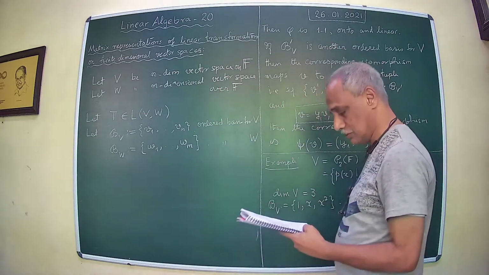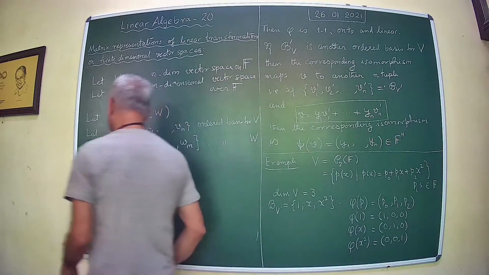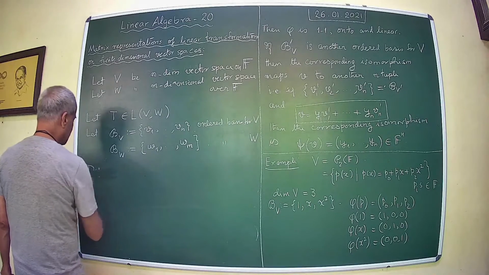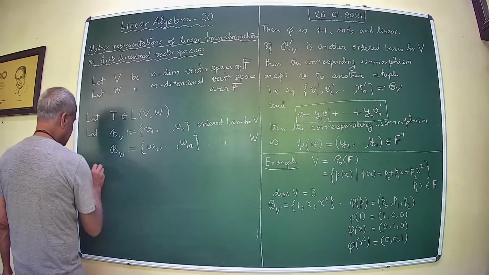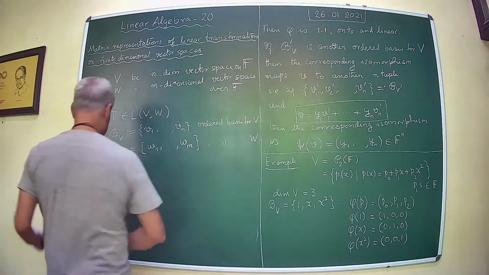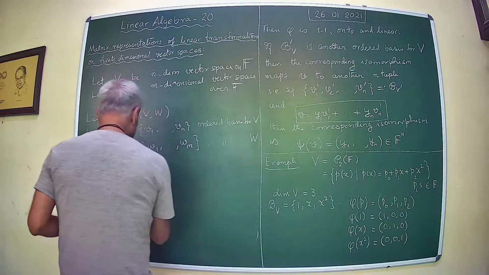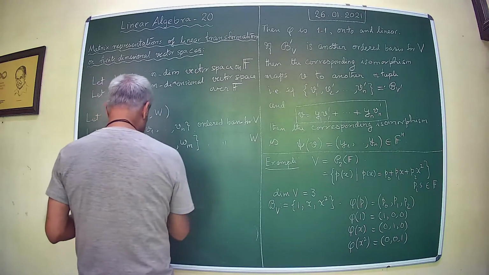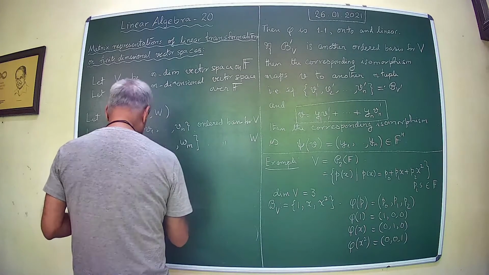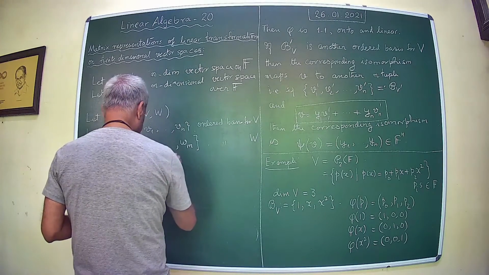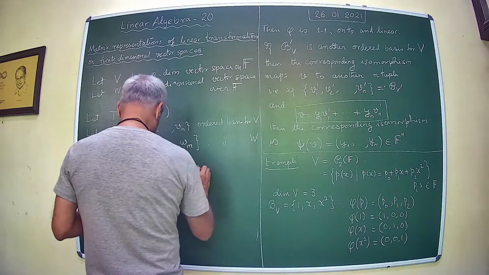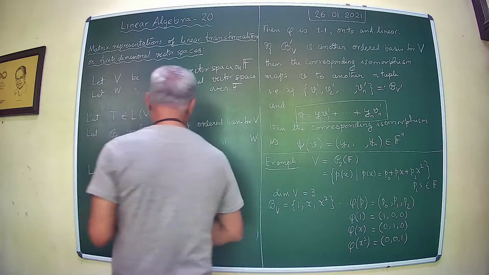So we prescribe the following: rather than defining, let T(v_j) be equal to the sum from i equal to 1 to m of a_ij w_i.